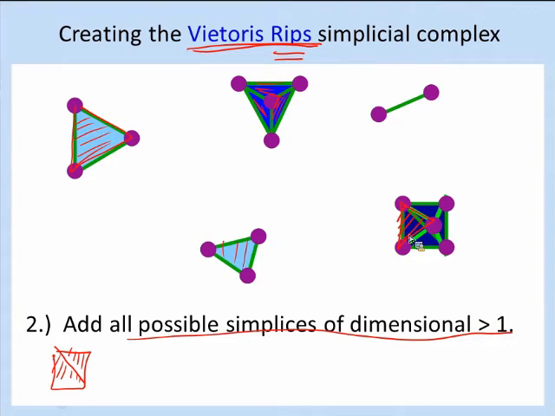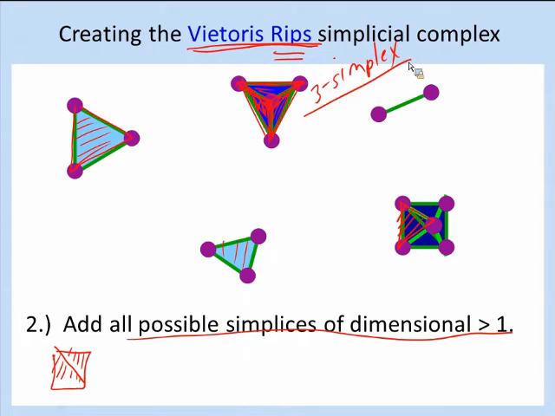If I have 4 2-simplices forming a tetrahedron, or in other words, if I have 4 points that are close to each other, then I fill it in with a 3-simplex. So if I have 4 points close to each other, then I have 4 vertices along with all the edges because they're all close to each other, along with all the faces, along with the 3-simplex.